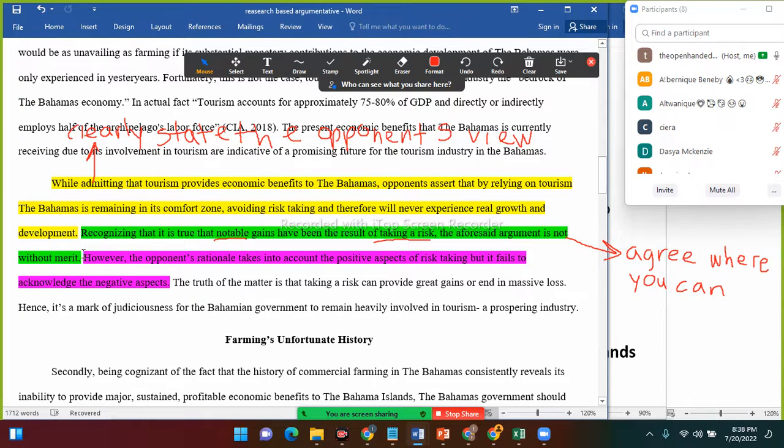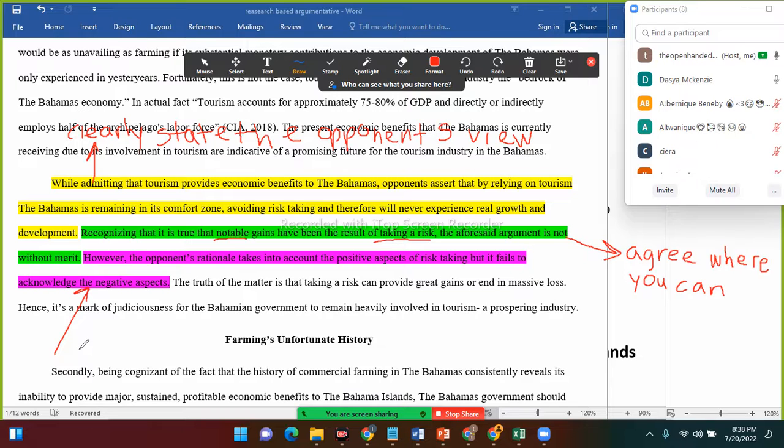What did I do here? Based on your notes. You're showing why you disagree with their point. Yes, or where their reasoning falls off.